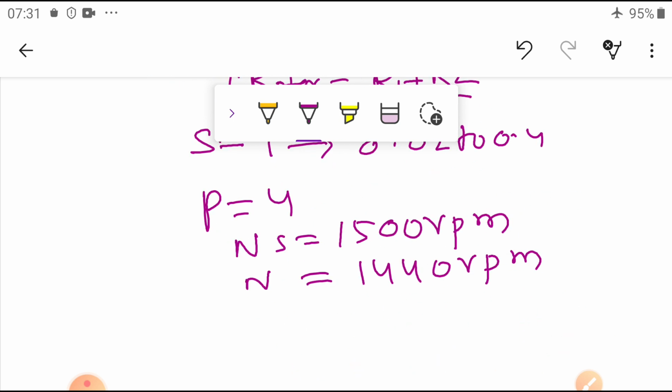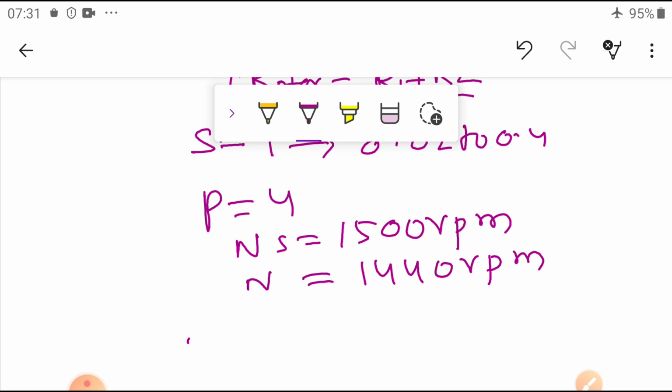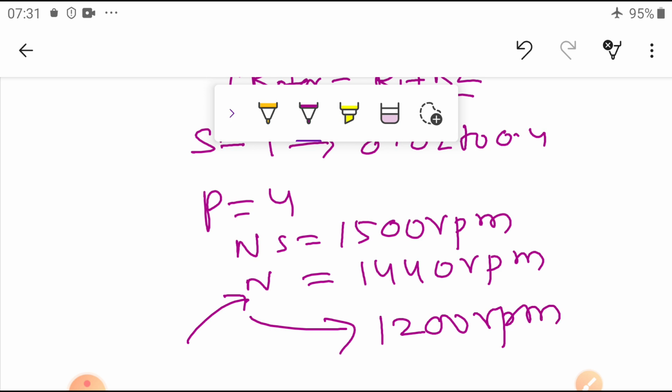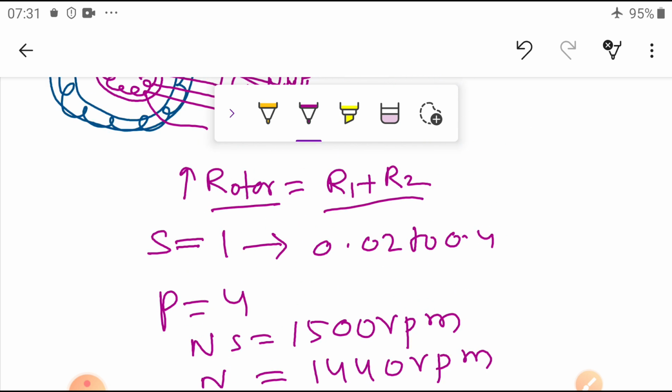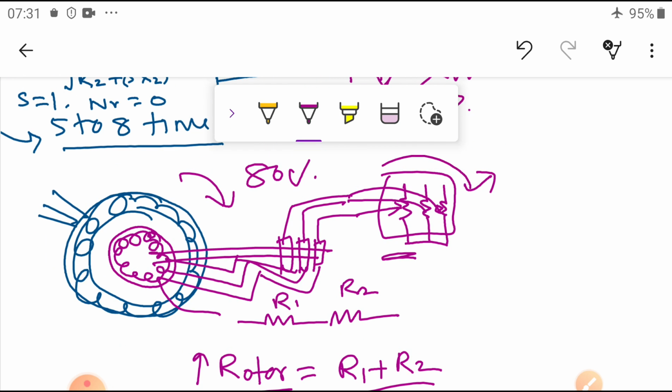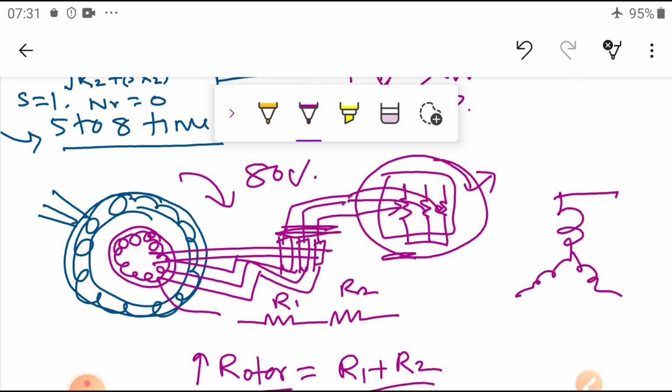Then by adding resistance in the rotor circuit, it picks up speed. Once the speed has increased up to 1200 RPM, nearly 80%, I can remove this external resistance. Simply I can short the slip rings here. So whatever rotor winding is taken outside is simply connected here, shorted.